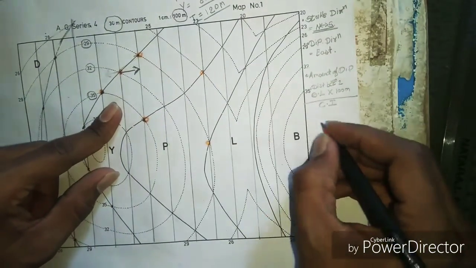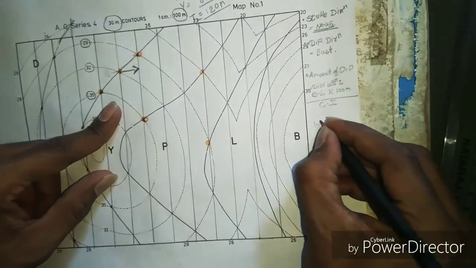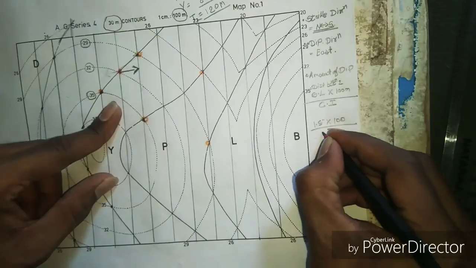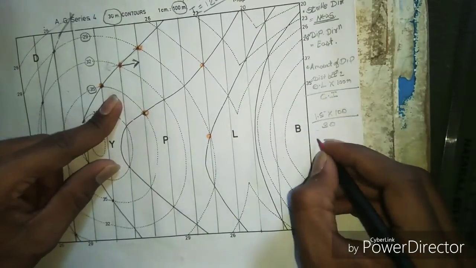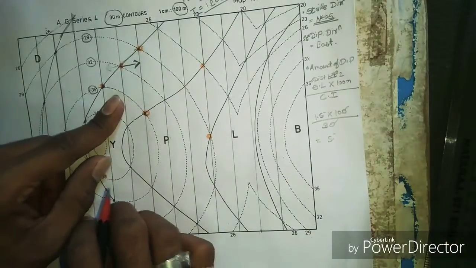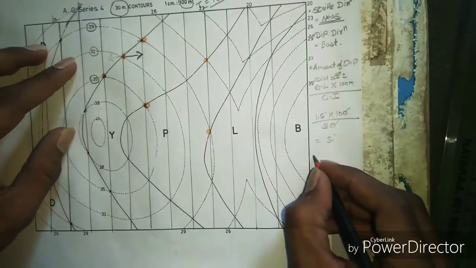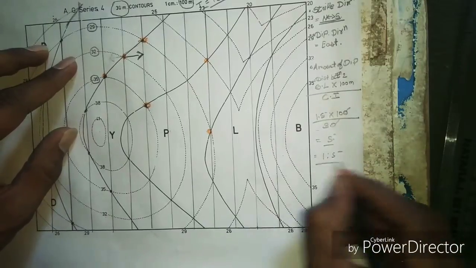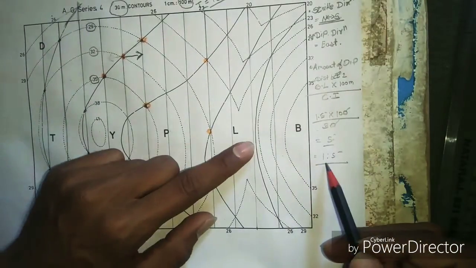So I will write it down here: 1.5 into 100 divided by 30. So we will have the value of 5. Considering this value in ratio, we will get 1:5. So the dip amount is 1:5.